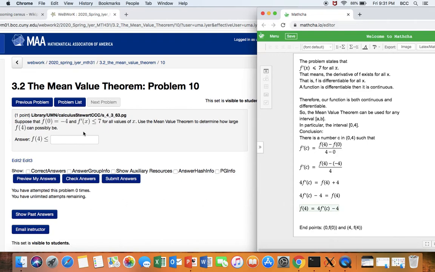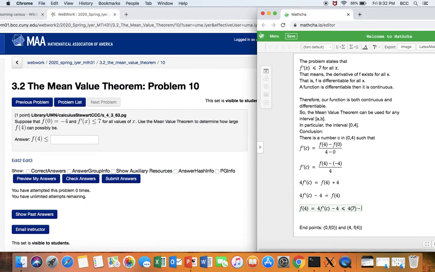Now we know that in our problem we are told every derivative is less than or equal to 7. So in particular this derivative is less than or equal to 7. So 4 times this derivative is less than or equal to 4 times 7.